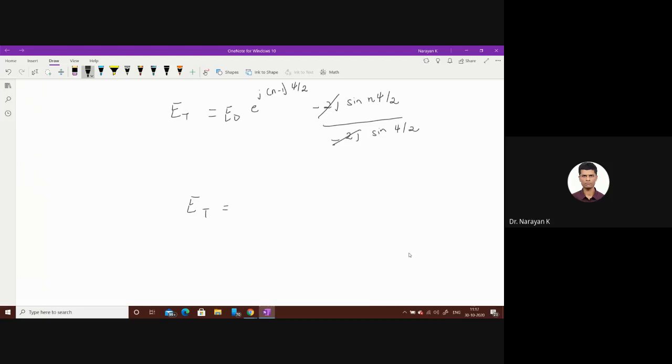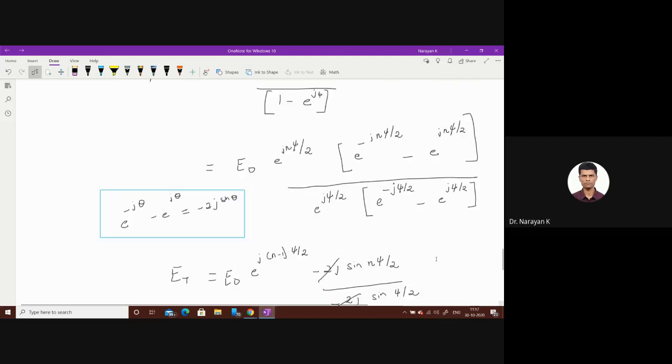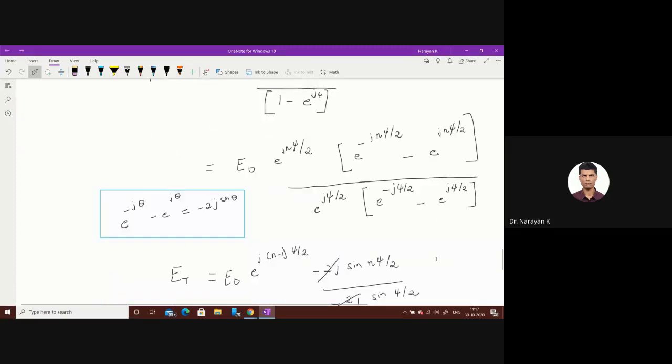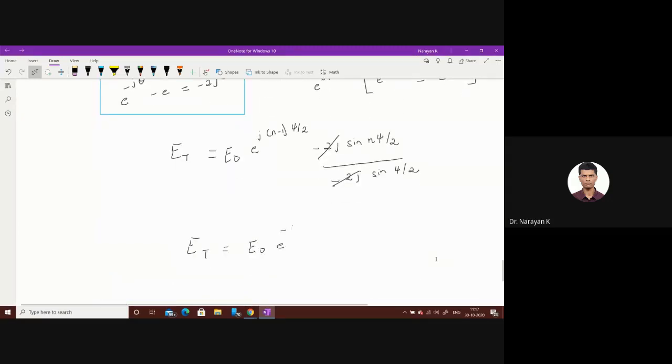E total is equal to E naught into e raised to the power, somewhere minus is there? No, minus is not there.